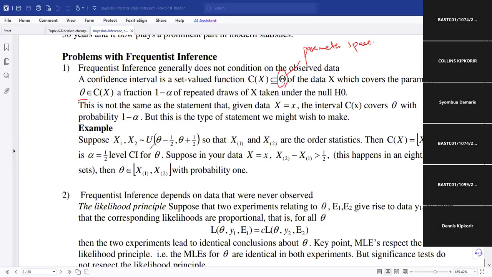We are considering a uniform distribution on the interval theta minus half to theta plus half, meaning the deviation is a half from the actual midpoint. So that is why alpha should be a half, the level of the confidence interval for theta. Number 2.